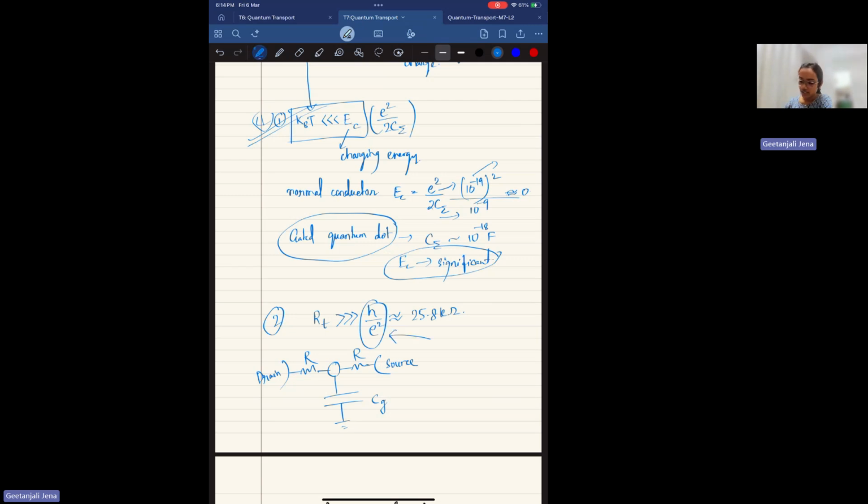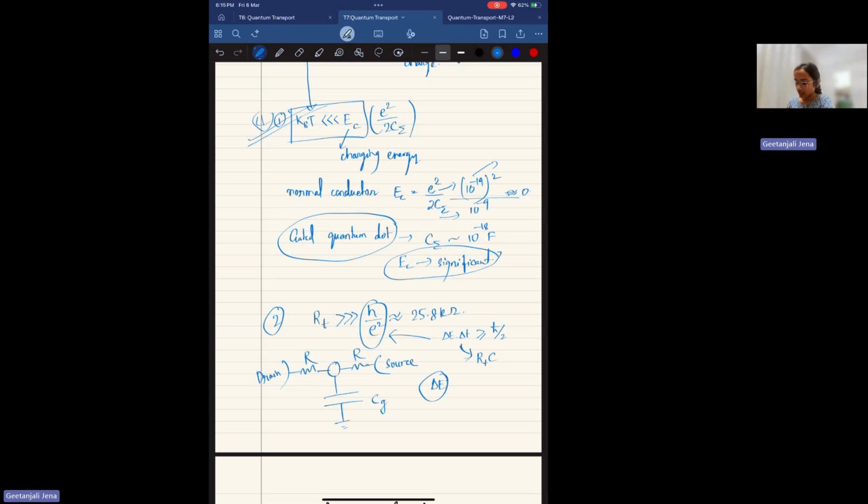And this condition, if you recall the lecture, was derived by taking the Heisenberg uncertainty principle for the uncertainty in time and energy. So delta E delta T is greater than or equal to h bar by 2. If you put delta T, the characteristic time for charging and discharging, given by the RC time constant, RT into C, you can get the uncertainty in energy.